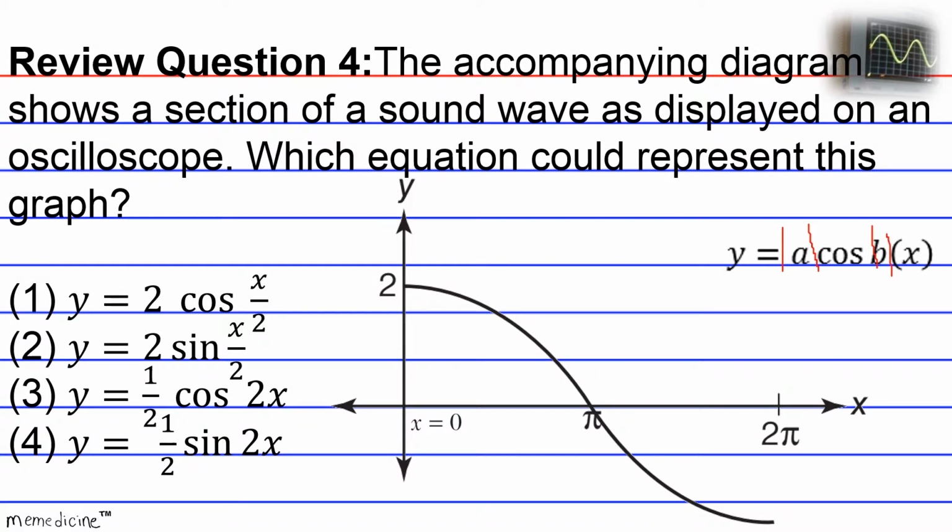And the absolute value of b is the frequency, and basically it's the number of complete cycles that pass through the interval of 0 to 2 pi. So that's basically what the frequency is.